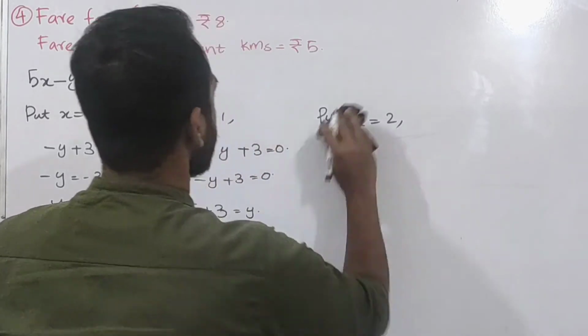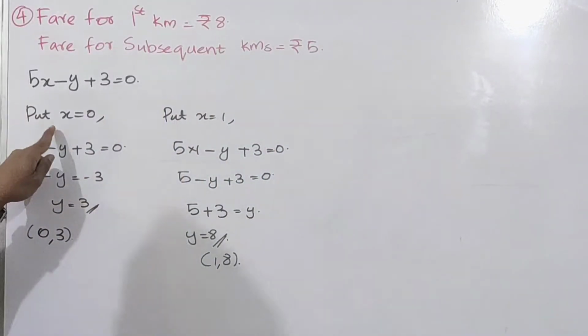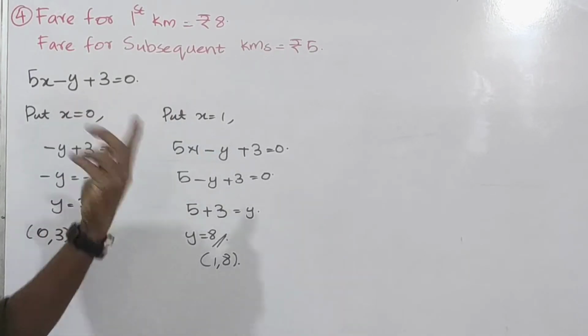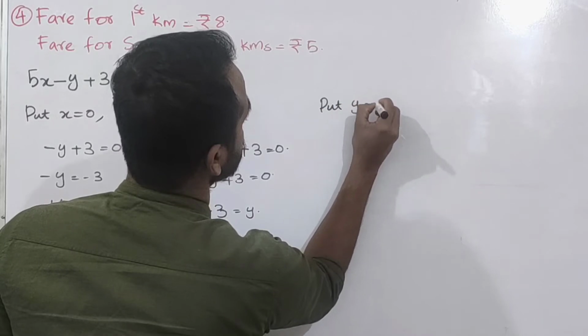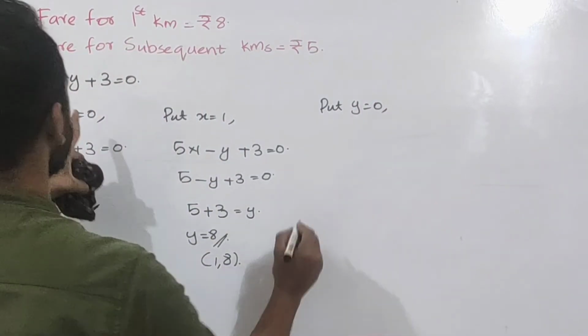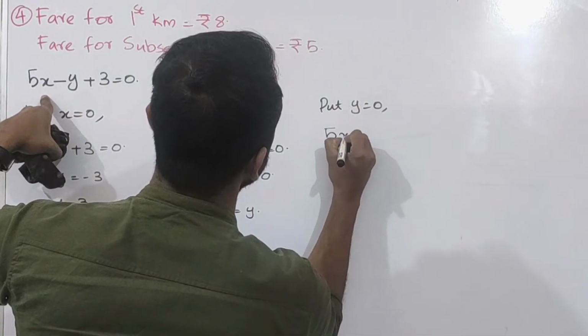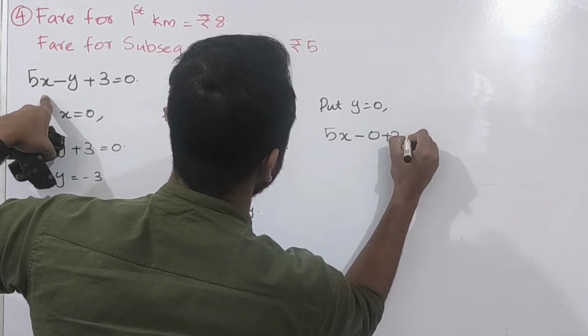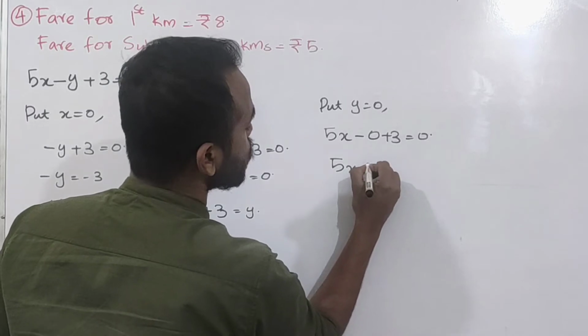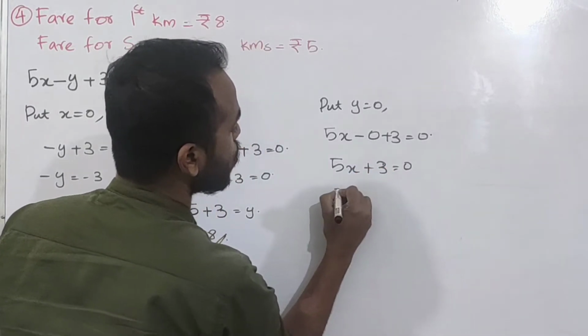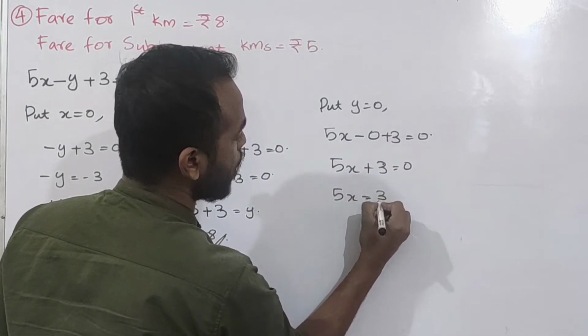Then okay, another alternative is that put x is equal to 0 and x is equal to 1. Then take the other way. Put y is equal to 0. Then what if y is equal to 0? So it will be 5x minus 0 plus 3 is equal to 0, or 5x plus 3 is equal to 0. 5x is equal to 3.